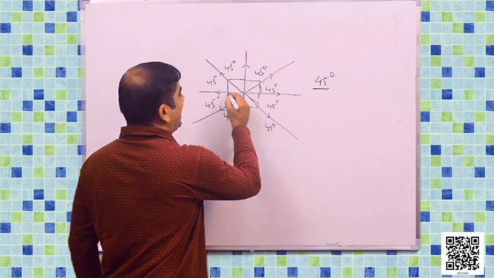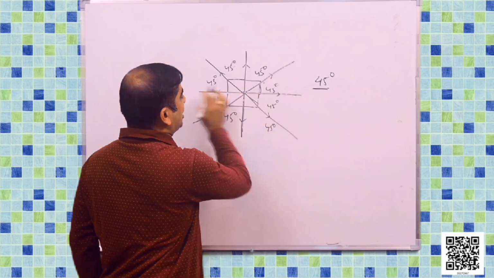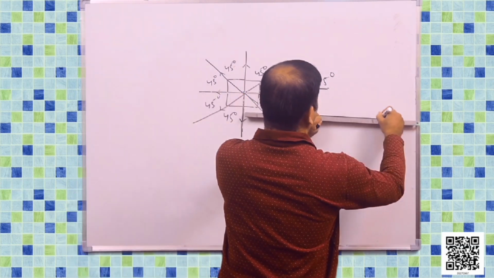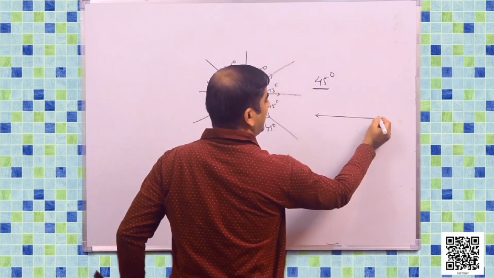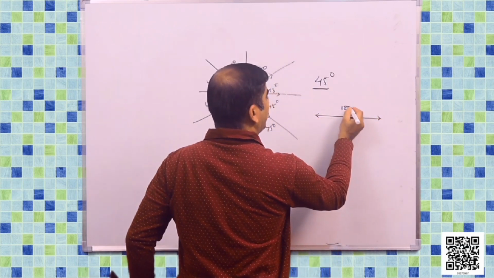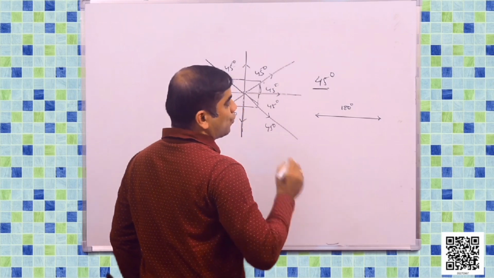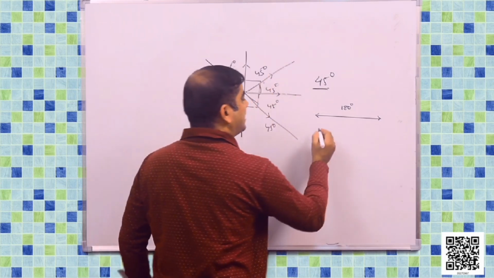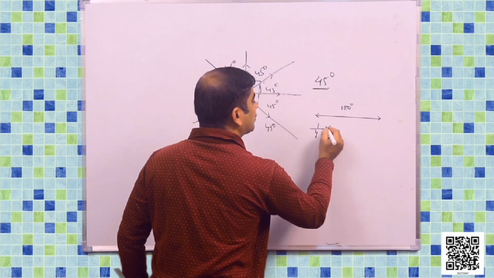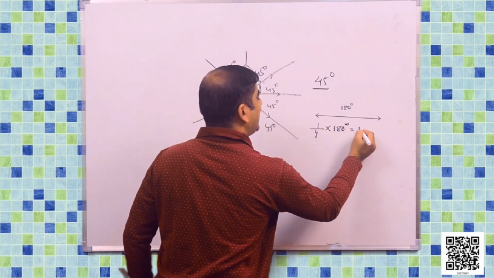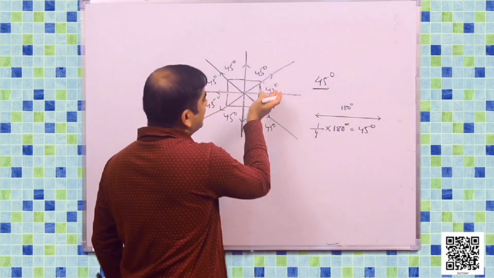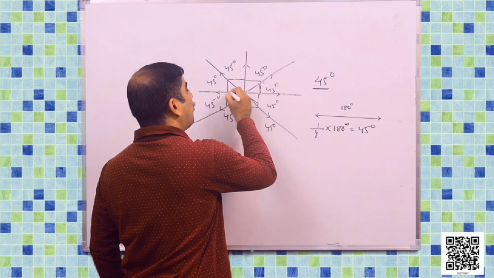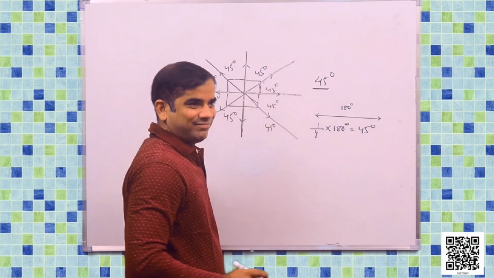If I divide this 360 degree into two parts, as we know a straight line is having 180 degree of angle. So when I turn 45 degree, that means it is 1/4 of 180 degree. So I can say that this is a 1/4 turn of a full 180 degree, isn't it?